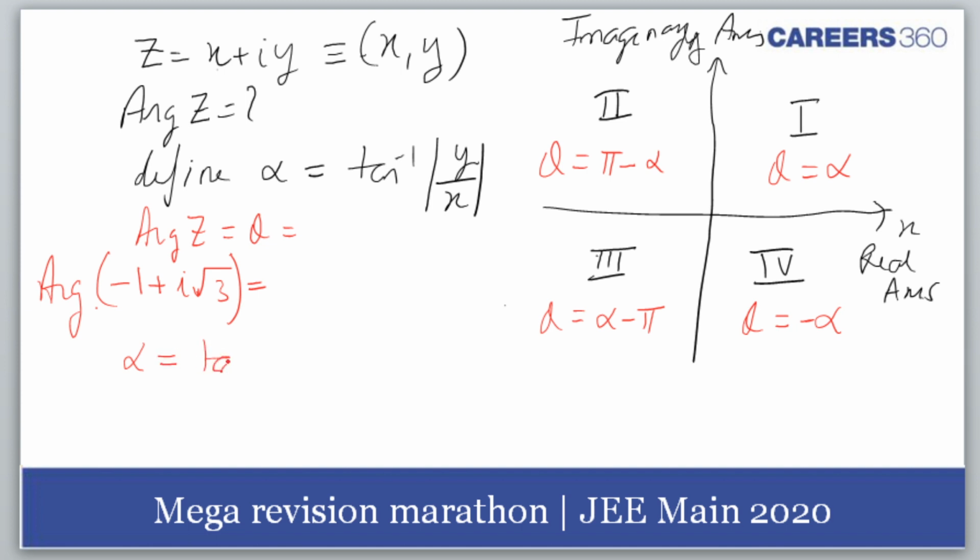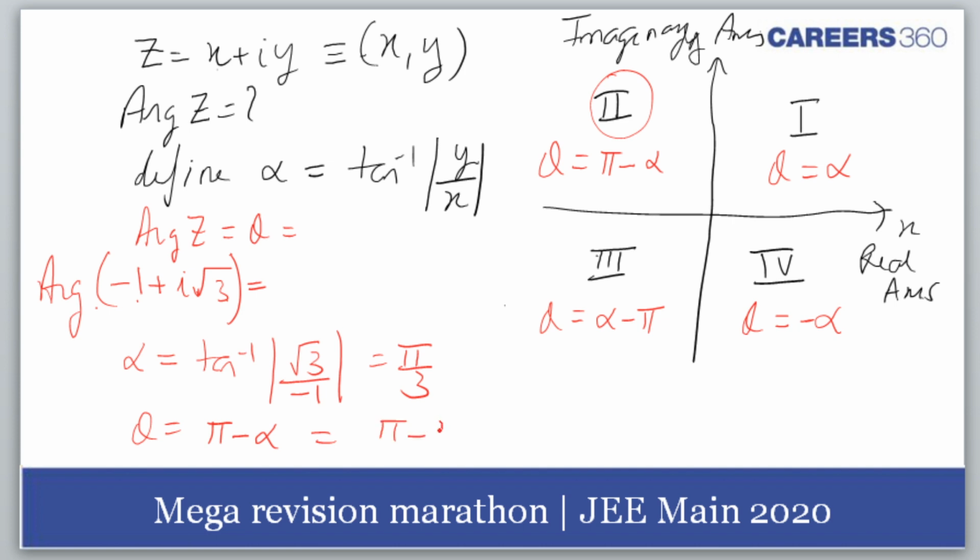That is tan inverse of imaginary part, that is root 3, upon real part, that is minus 1. That would be pi by 3 itself. Once I get pi by 3, I decide which quadrant it lies in. X is negative, y is positive. So that is second quadrant itself. So theta would be pi minus alpha. That is pi minus pi by 3. So that is 2 pi by 3.